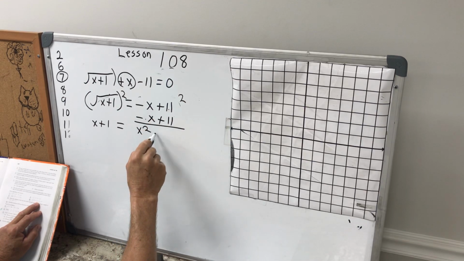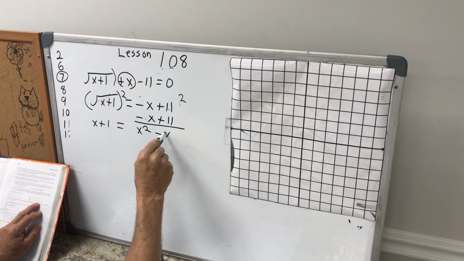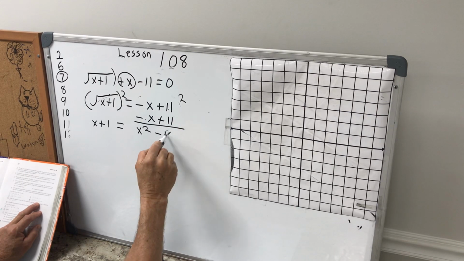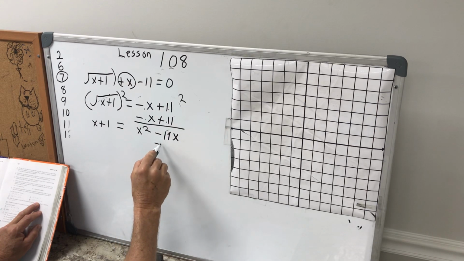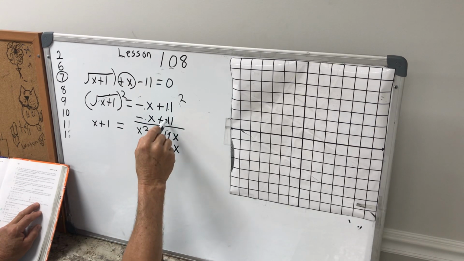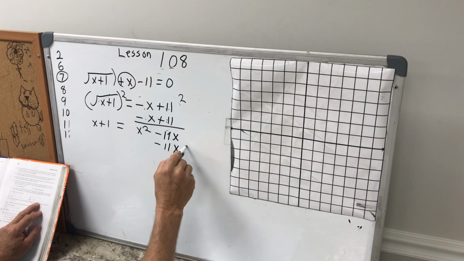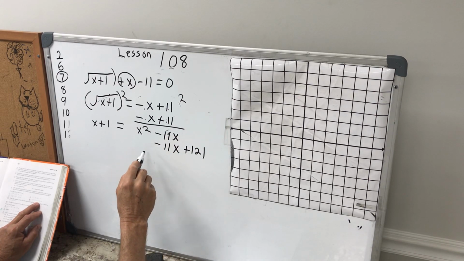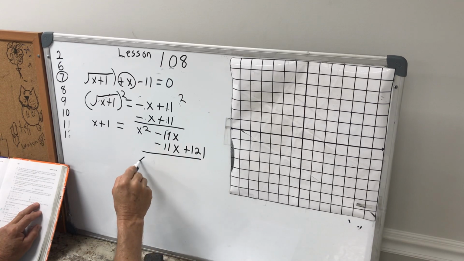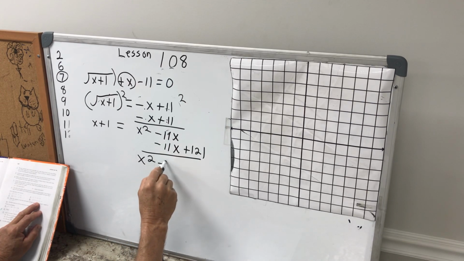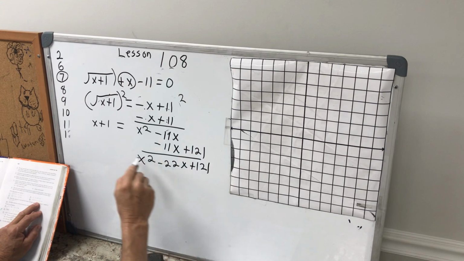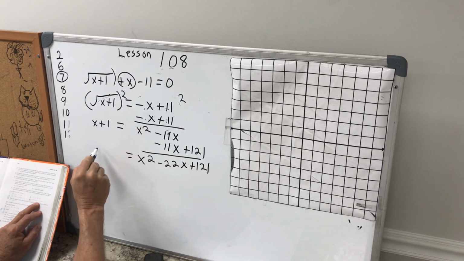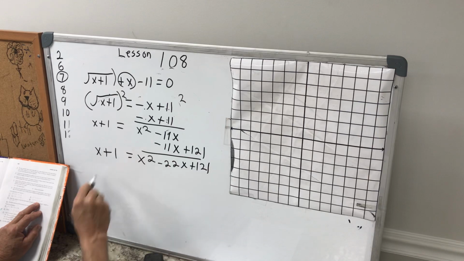Negative x times 11 is a negative 11x. Positive 11 times negative x is a negative 11x. Positive 11 times positive 11 is a positive 121. This becomes x squared minus 22x plus 121. And I'm going to include this now over here with this. Bring it down, x plus 1.